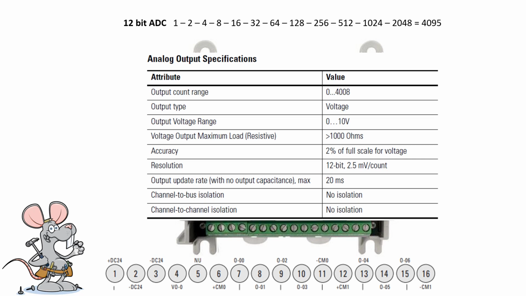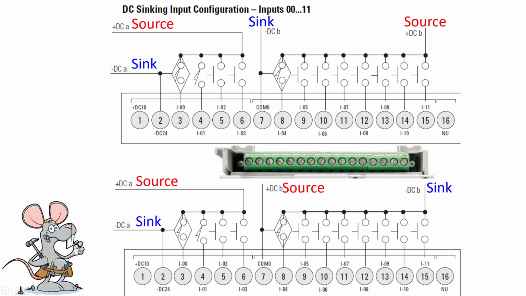So it starts at 0, then 2.5, then 5 millivolts, 7.5, nothing in between 2.5 and 5. It's in steps because this is converting from digital to analog. And there's just the one analog output, down at the bottom there, pin 4.